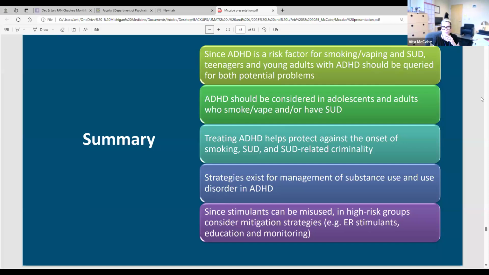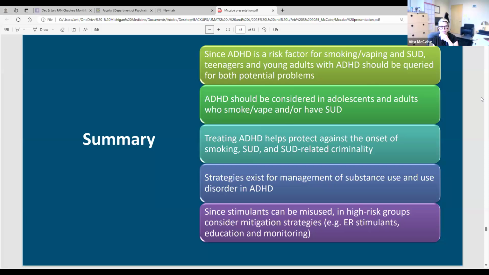That treatment helps protect against the onset of smoking, substance use disorder, and substance use disorder related criminality. I didn't go through those studies. And so counseling parents, especially 7th grade and earlier, that treatment can be protective, I think is important.